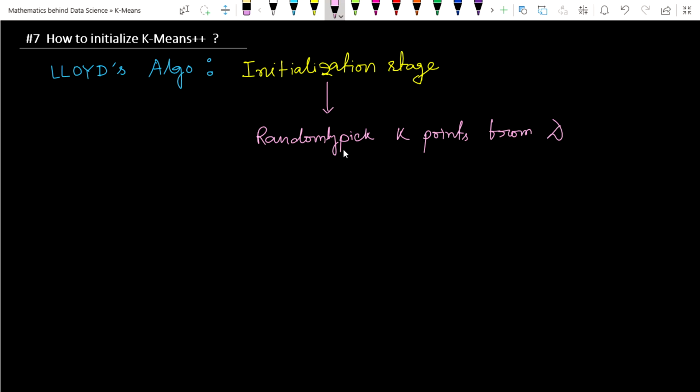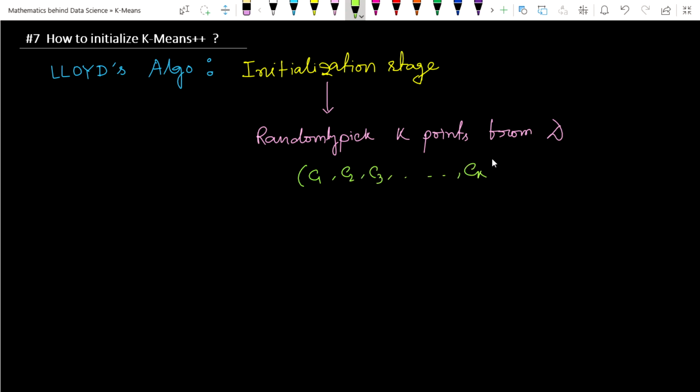From the data set D, we pick random points in the first initialization stage. Suppose the picked points are C1, C2, C3 up to Ck.